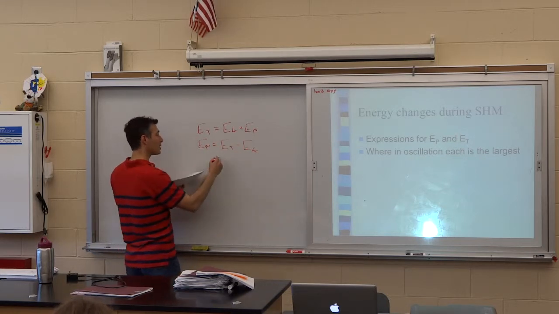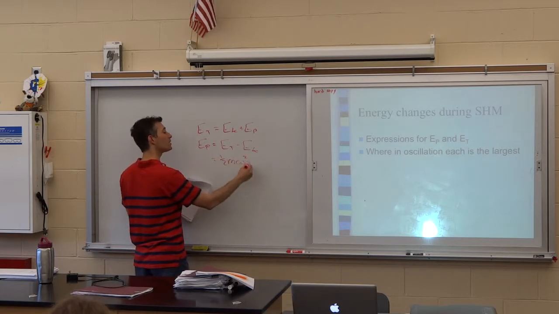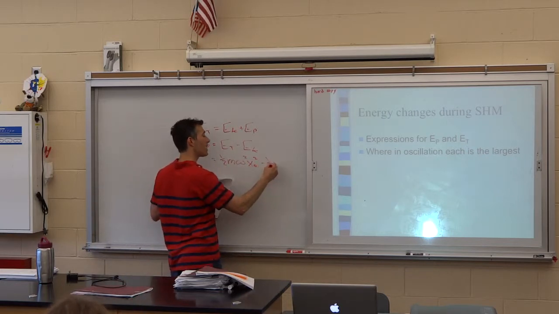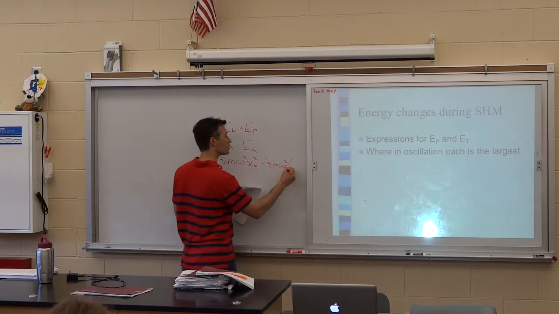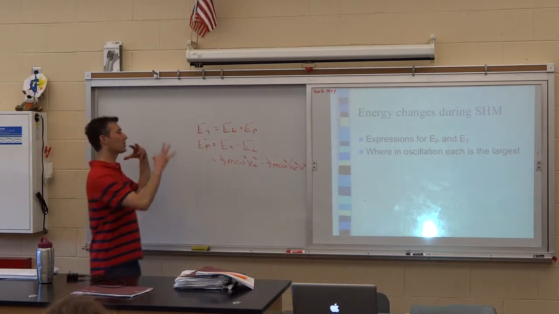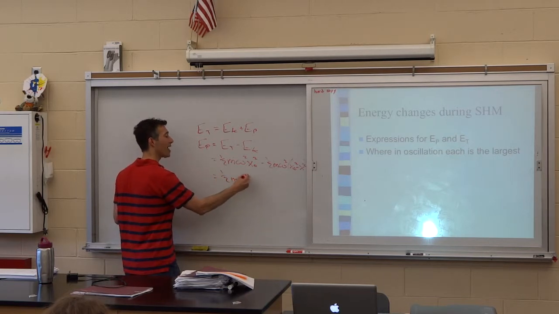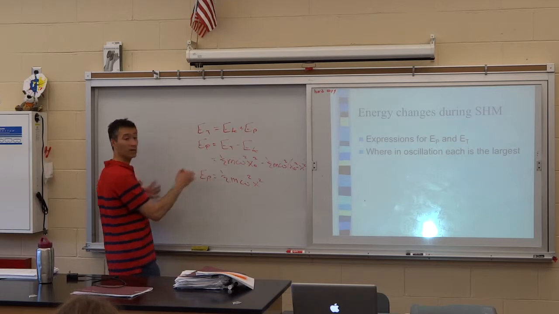We do have an expression for total, which says 1/2 mass times angular frequency squared times amplitude squared, and we have one for kinetic: 1/2 mass times angular frequency squared times amplitude squared minus displacement squared. So perhaps, if you're clever, you can combine those together to come up with 1/2 mass angular frequency squared times displacement squared for potential energy.